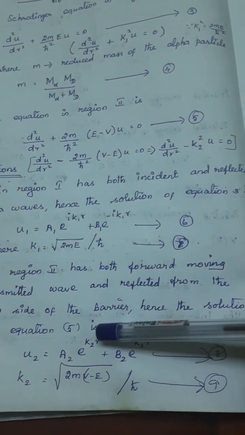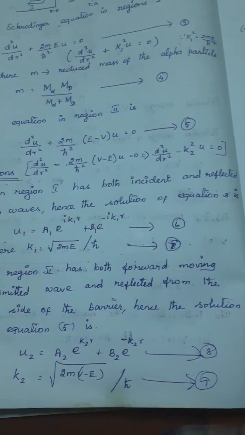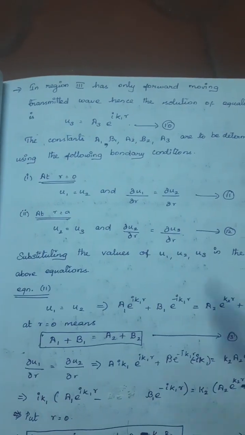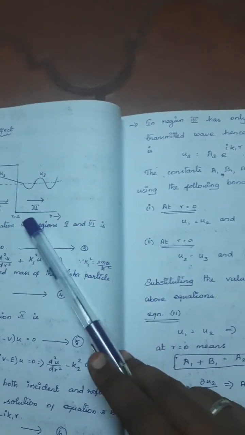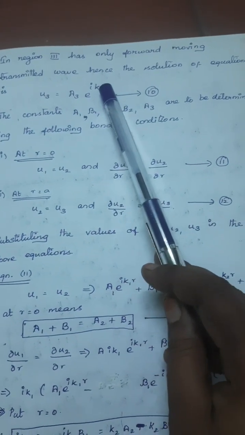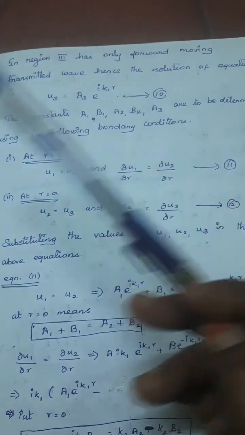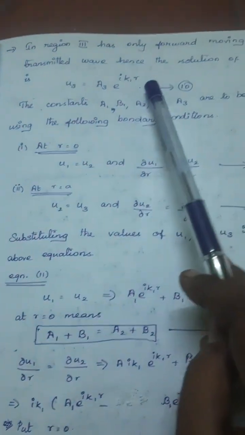Here k2 is the square root of 2m(V minus E) divided by h cross. In region 3, the transmitted wave moves in only one direction, so it has only one constant, a3 into e power ik1r, because the equation is the same as for region 1, so it is simply k1r.